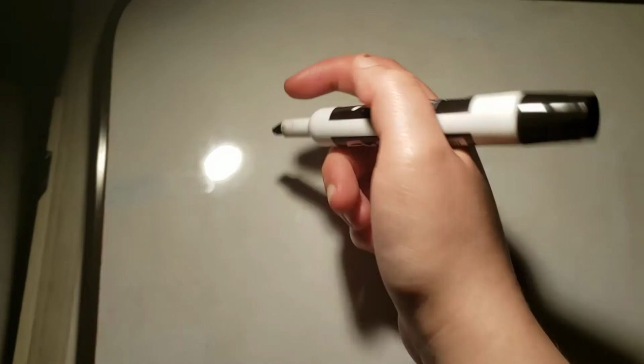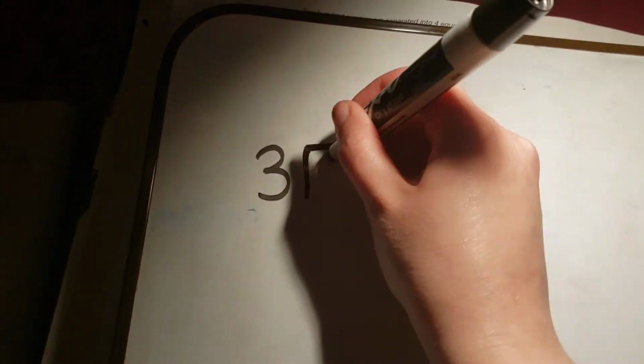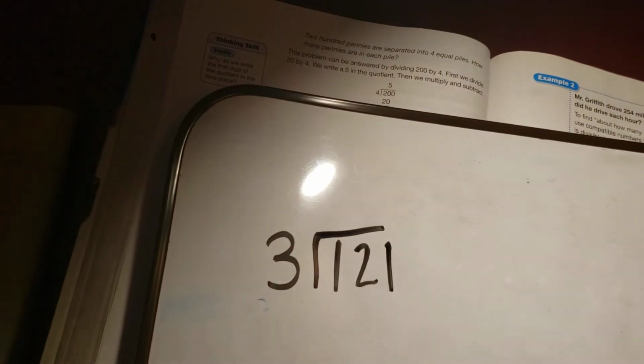Alright. So, for example, we have 3 into 121. Let's see if I can keep moving that light out of the way.